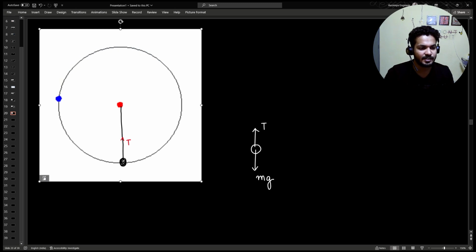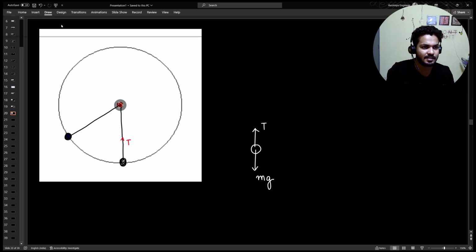So for example, when the body is right here, in this location, how will the FBD look? This is the block and this is the wire. The mg force will still be acting downwards, because mg does not depend on the orientation.